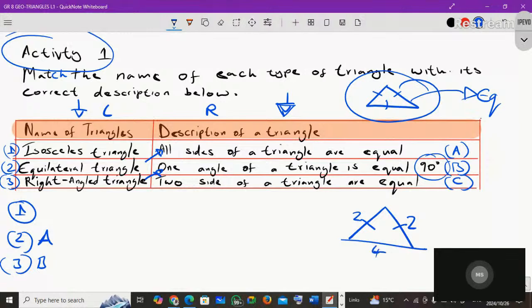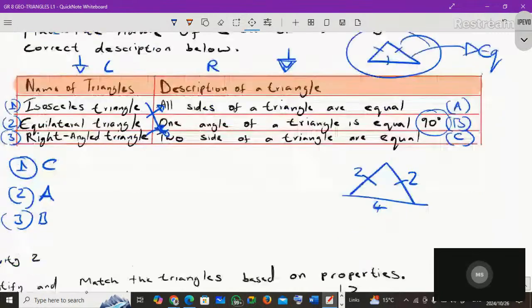So you can see now we call this an isosceles triangle, which is number 1. So C goes with number 1, or you can just draw a line straight from here to here. Okay, then we are done with activity number 1, our first example. We move on to the second.